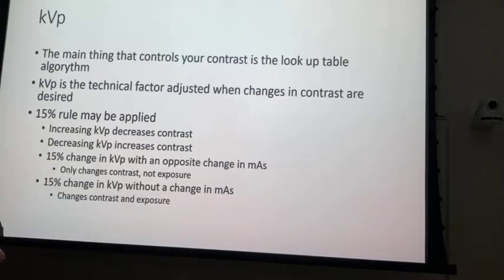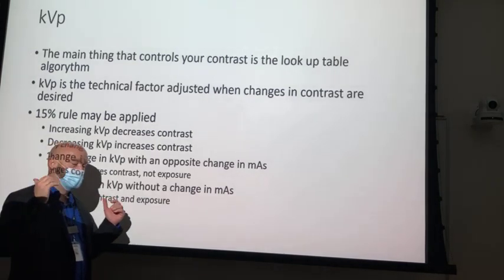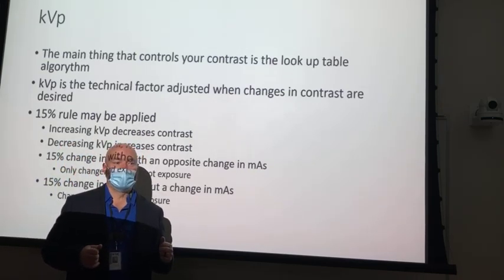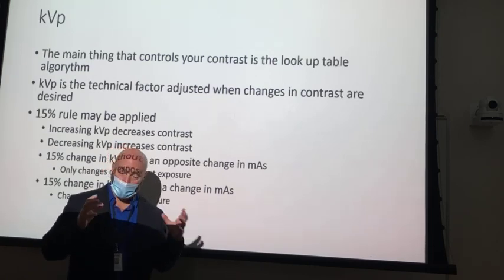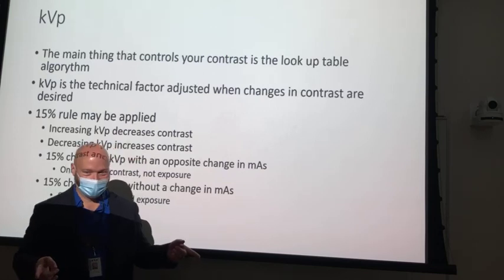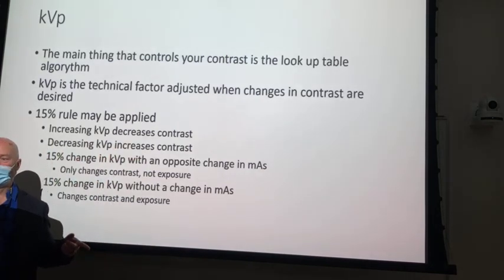Now I'm going to make it really complicated. What if your question says you need to increase penetration, but you overexposed the patient? Your original image was underpenetrated but overexposed. You increase kVp, and decrease mAs by a factor of 2?